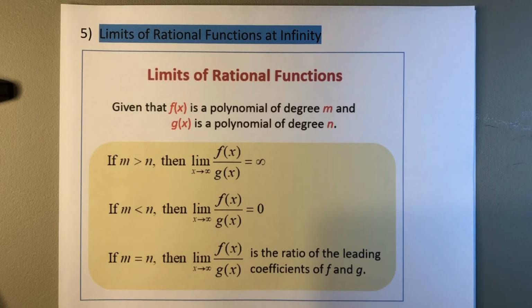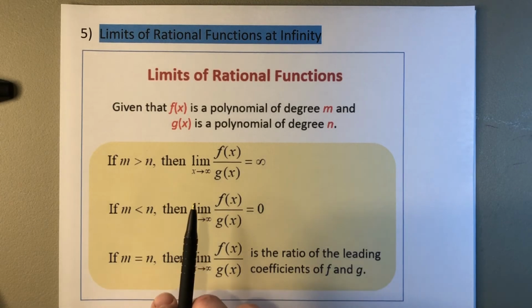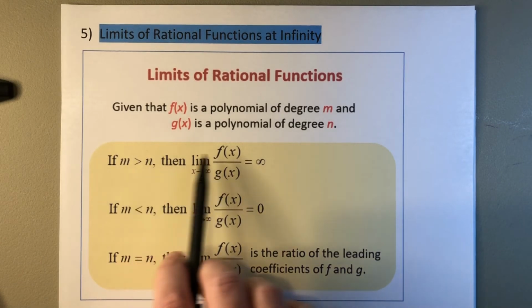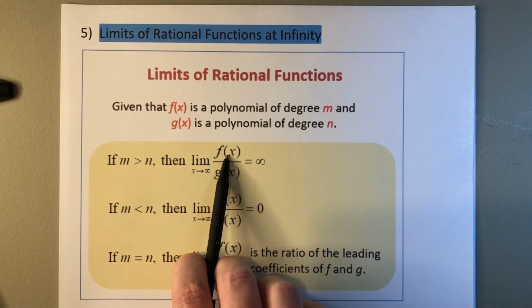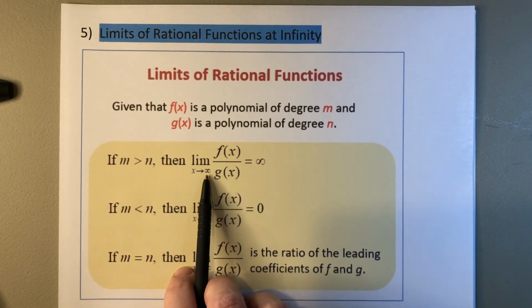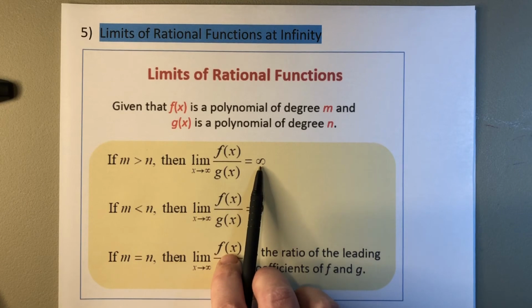When I say at infinity, it could be positive infinity or negative infinity. So let's review these 3 scenarios. If the degree of the top is greater than the degree of the bottom, and x is approaching positive or negative infinity, then the answer is going to be infinity every single time.